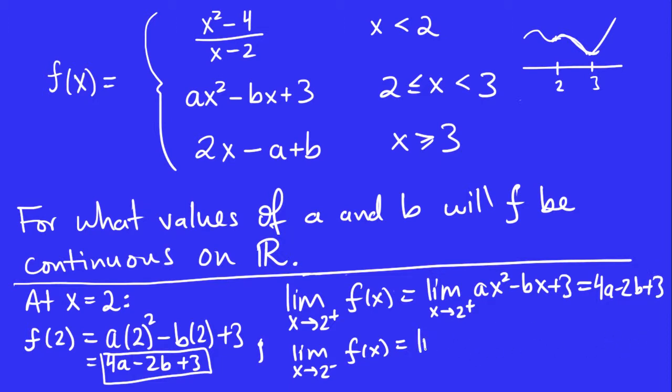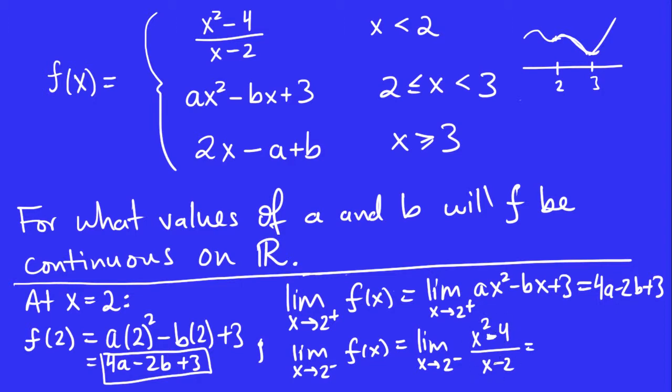Let's see what happens when I do the left limit there. Here x is below 2, right? So I'm going to be using this option, x squared minus 4 over x minus 2. Now, here's where we have to be careful. Can I put 2 in this limit and just get the answer?